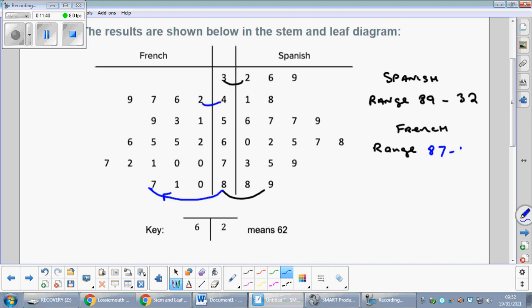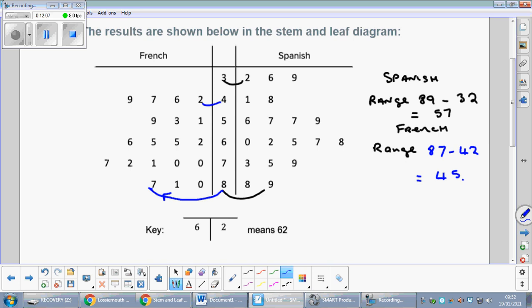You're kind of reading backwards, so you need to be careful. So that one there would give us a range of 89 minus 32, which is 57. And this one here would give us a range of 45.